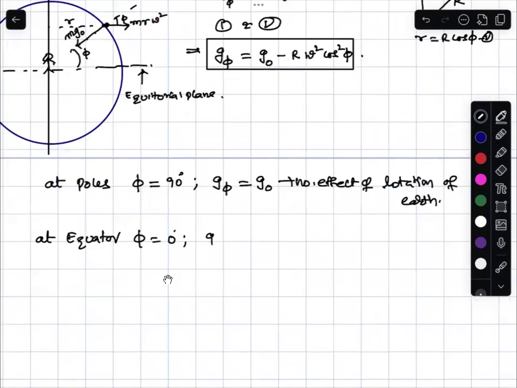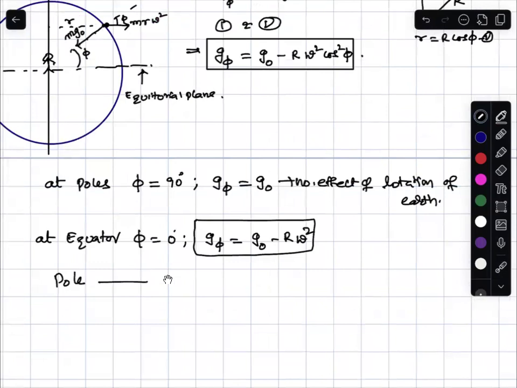So in that case, g phi is equal to g naught minus R omega square. Maximum effect or least g. So if I am moving from pole towards equator, what is happening? g phi decreases. So these are the three different factors that could affect the value of g.